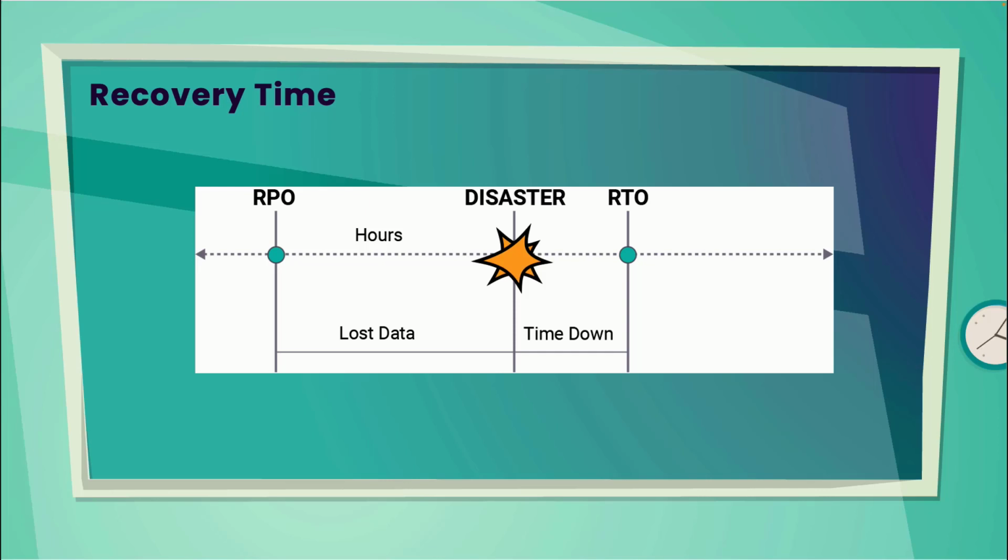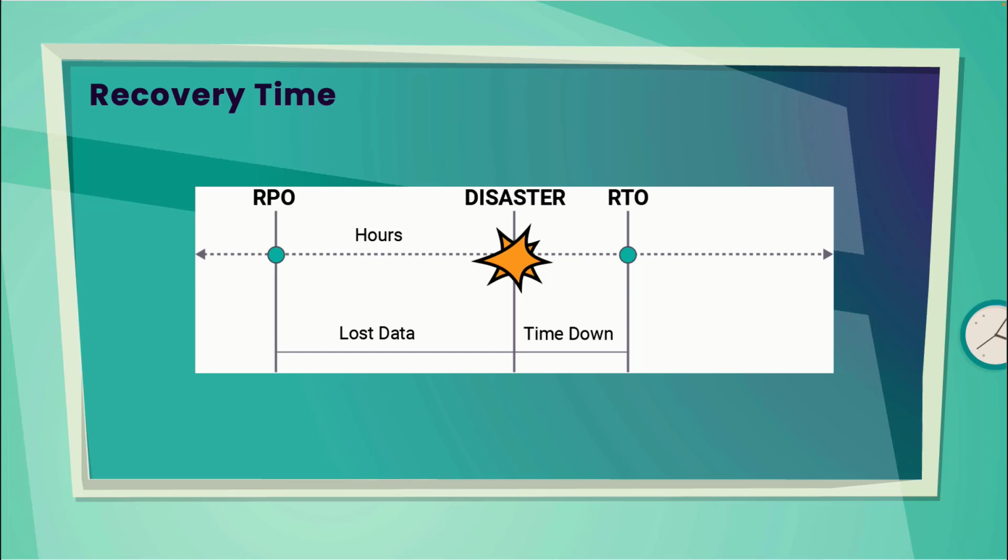So the disaster happens, as you can see here, on the yellow splash. So the lost data is actually called RPO. When was the last time you backed up your data is the amount of data that you are willing to lose. Meanwhile, the RTO is the time required for the IT staff to bring down a system.